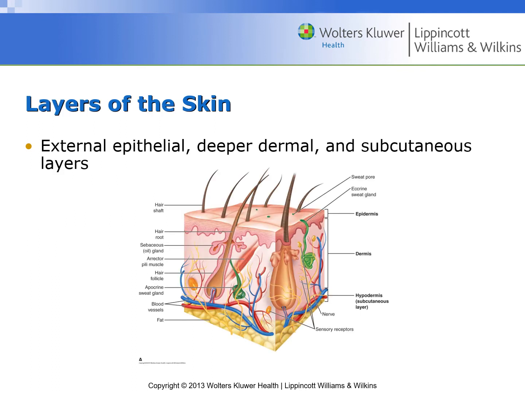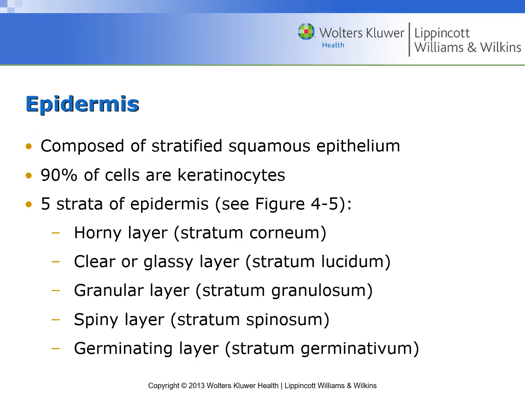And here we have an illustration of the skin which shows the layers, which are the external epithelial, the deeper dermal, and the subcutaneous layers. Let's now talk about the epidermis. The epidermis is composed of stratified squamous epithelium. 90% of the cells are keratinocytes.